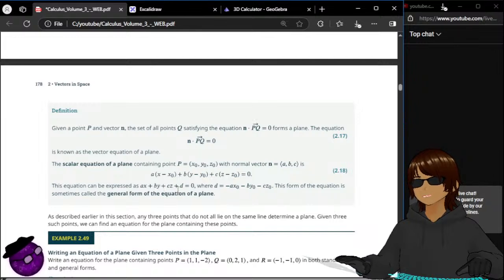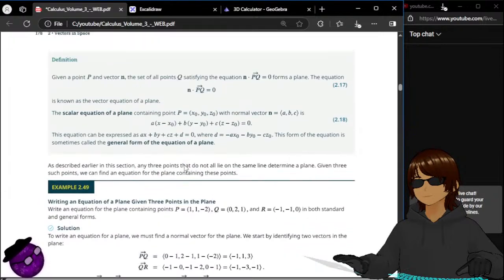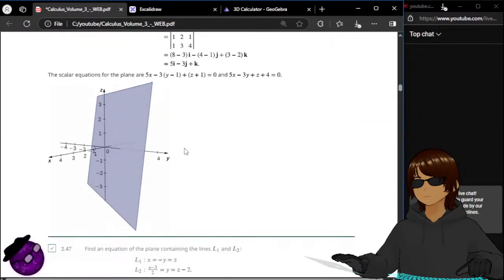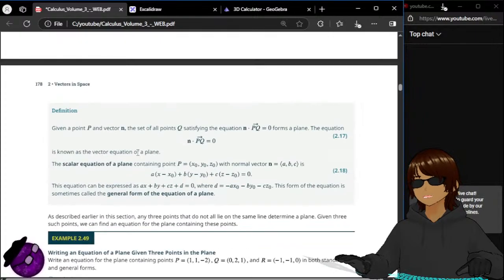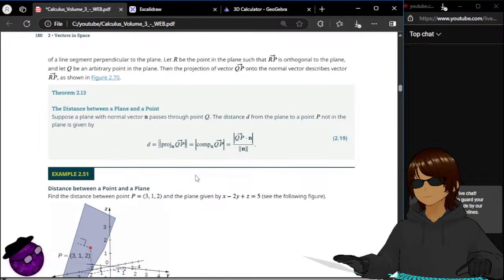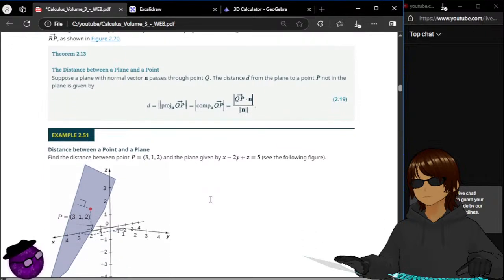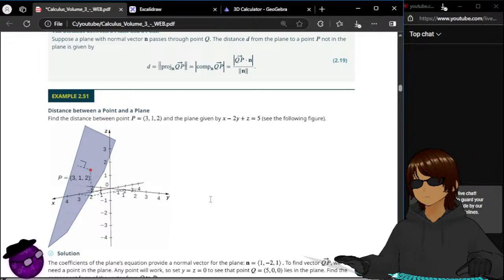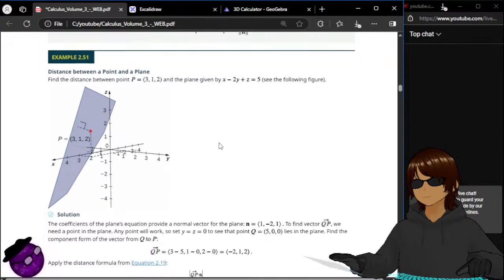But how do you convert this into the vector form or the scalar form? And where did they get n is equal to 1, -2, 1?